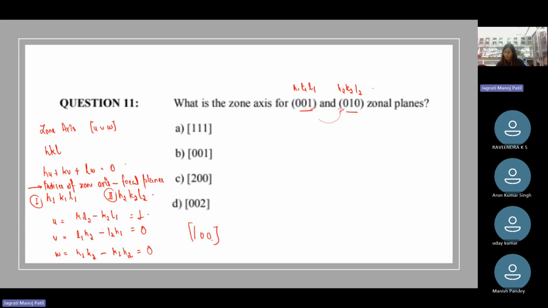I think so, but the key gives us 001. So the answer according to the key is this one, which I don't know why. Okay, we'll just look into it. Anyone has an answer for it?